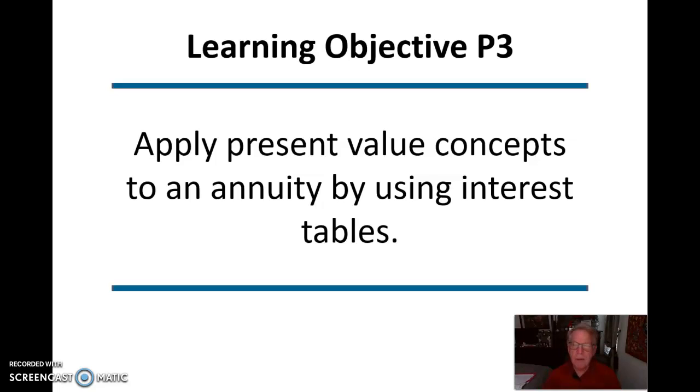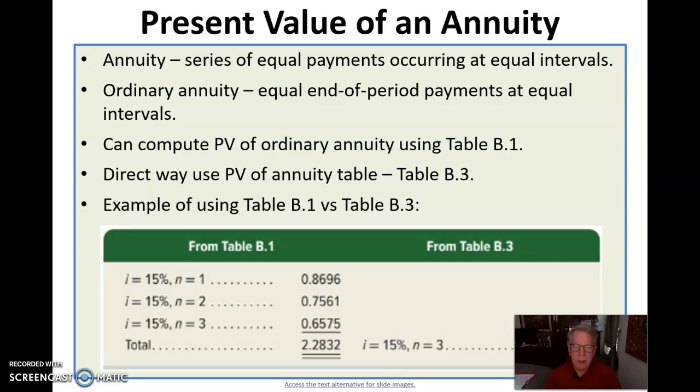We also have present value of an annuity. Here we're using the interest tables, and it shows how we can add those together. Boom, boom, boom. That comes from B.1, just like I showed you, and they add them together for convenience here in table B.3.